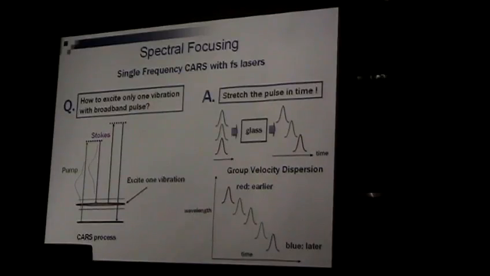If this laser goes through any medium except vacuum, even air in some sense, different colors see different refractive indices, and they disperse in time. This is called group velocity dispersion. Basically, your pulses are stretching. Typically, people want to make pulses short, so you have to compensate for that. This is something you want to avoid, but this actually can be good for us.